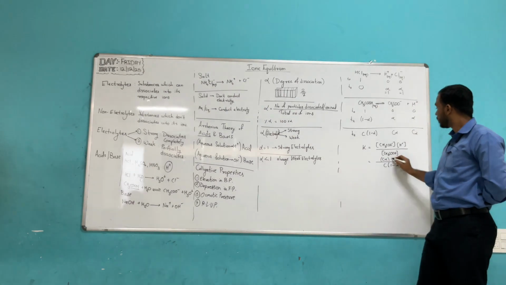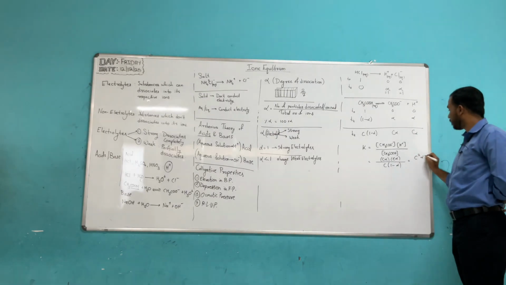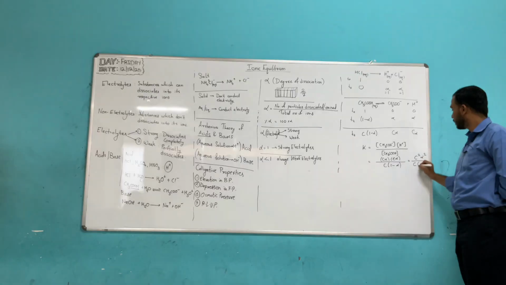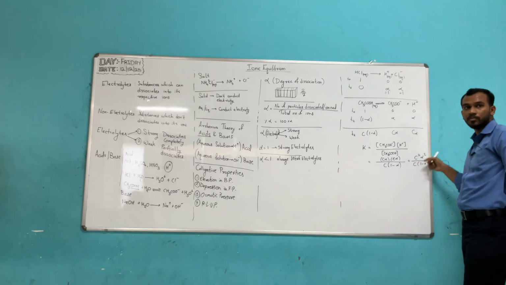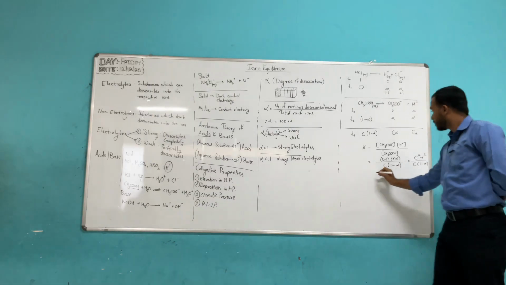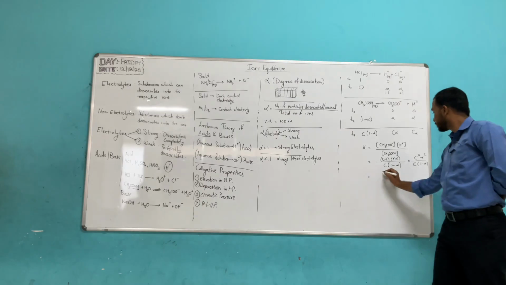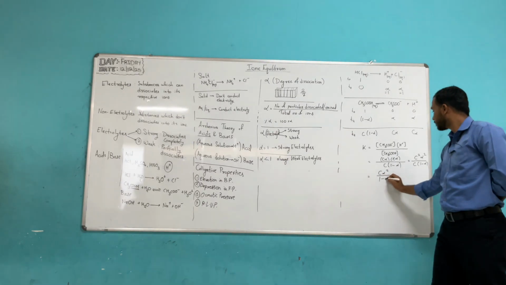It becomes C square alpha square upon C into 1 minus alpha. If we divide numerator and denominator by C, C cancels, and we get K equals C alpha square upon 1 minus alpha.